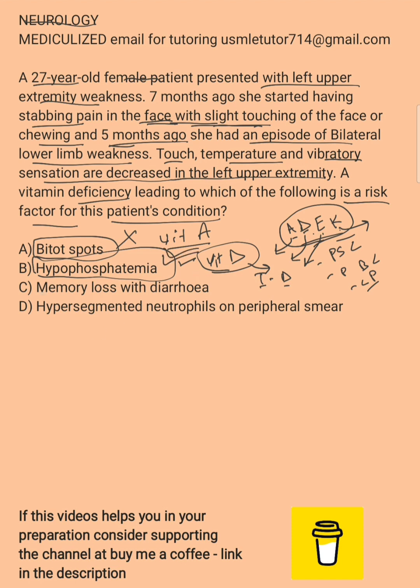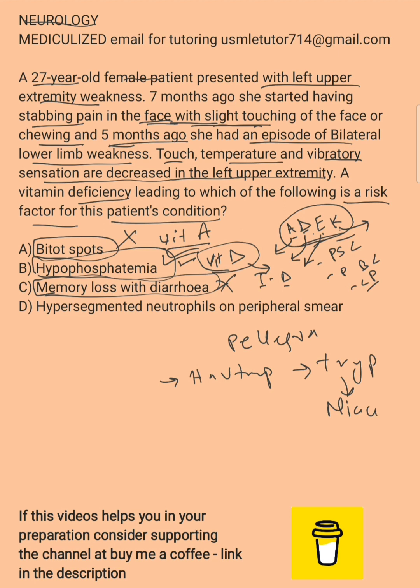And then memory loss with diarrhea is the wrong answer. Here they are talking about niacin deficiency, which is pellagra. For pellagra, remember 3 things they like to test on. First, Hartnup disease. You get a lot of excretion of tryptophan, and tryptophan is a precursor to niacin. So if niacin is deficient, you get pellagra. So niacin in Hartnup is lost.